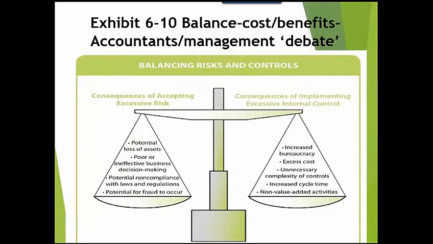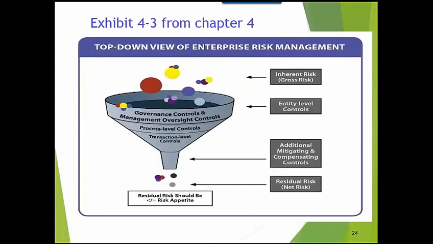We need to understand that we can never eliminate risk, and in fact, risk is a part of business. If you eliminate risk altogether, the business is not going to survive. But we need to manage risk, and the key is managing the risk, and we need to understand how that risk, excessive or under-risking, creates unique problems to the organization. We talked about this, and this actually is the process that we're going through.